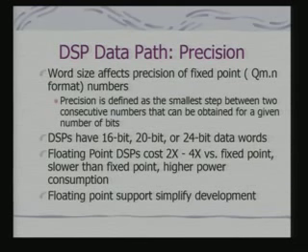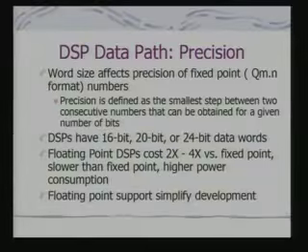Depending on the number of bits allocated, the range of numbers that can be represented is different, and the most significant bit, if I am having a 16-bit number, can be used also as a sign bit. So, depending on the format, the precision would change.